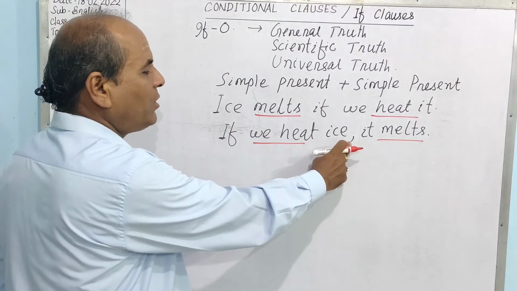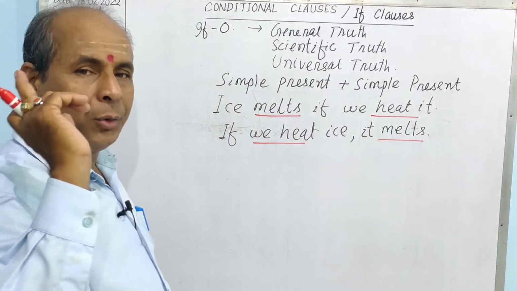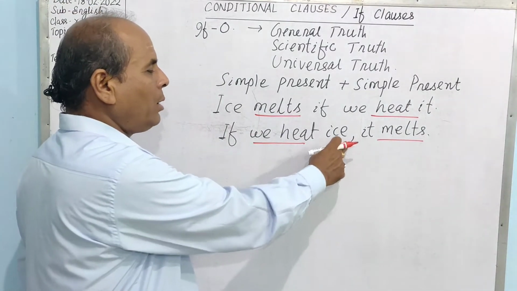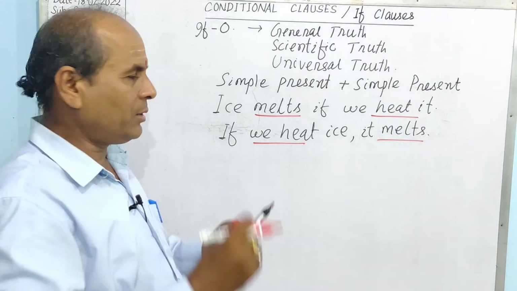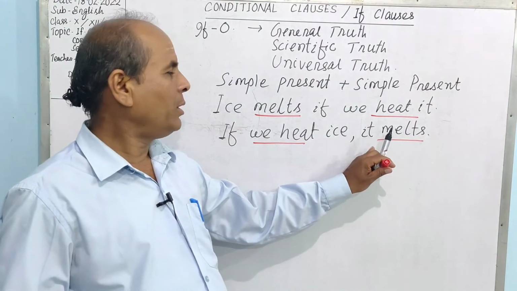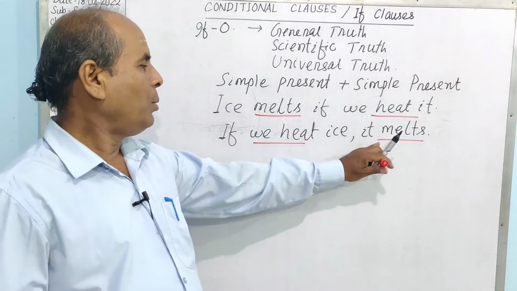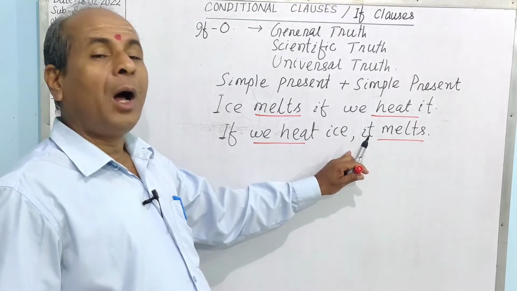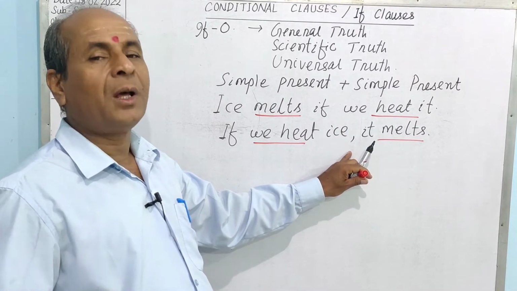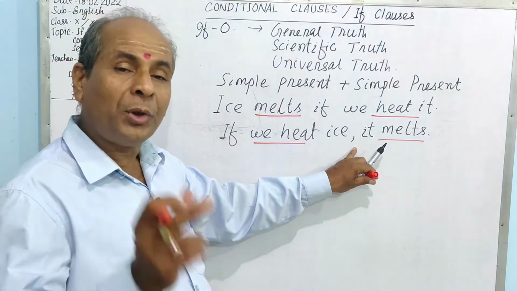So according to the rule, we have to put a comma where this adverb clause of condition finishes and the main clause starts. Before the main clause, where the if part finishes, we have to put a comma there.